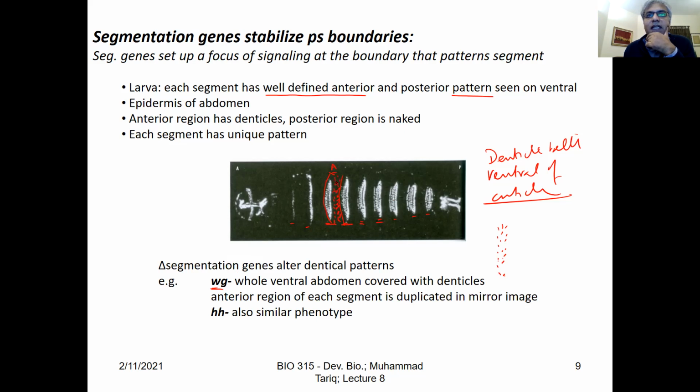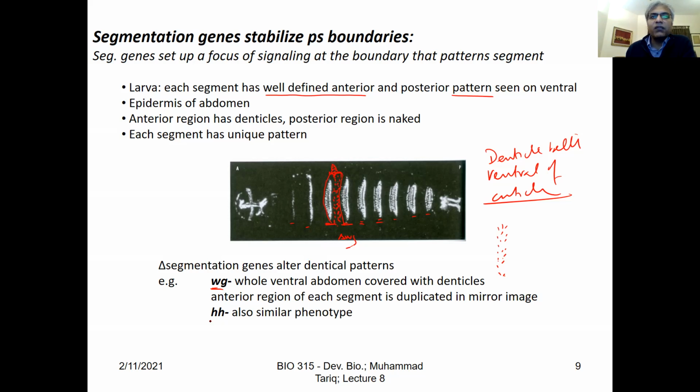What we see is that if we have a mutation in wingless, we'll see a mirror image of this denticle belt here as well. So the compartmental boundary in a segment is disturbed, and cells which have attained different fates here actually become similar to this one in the absence of wingless.